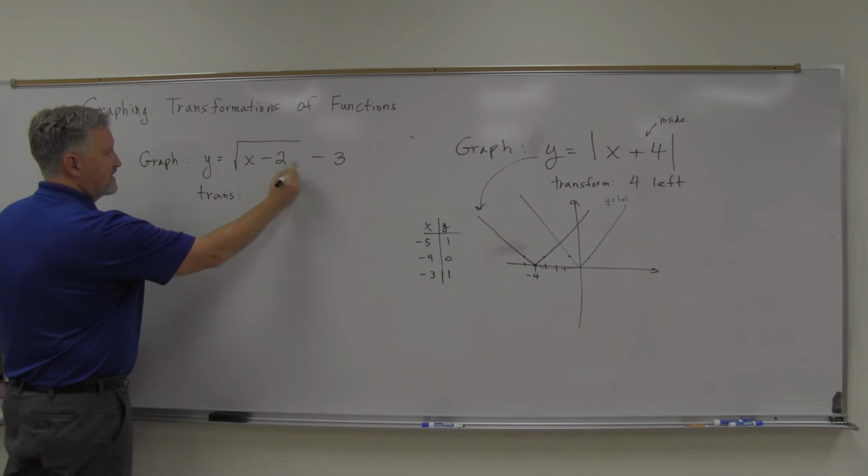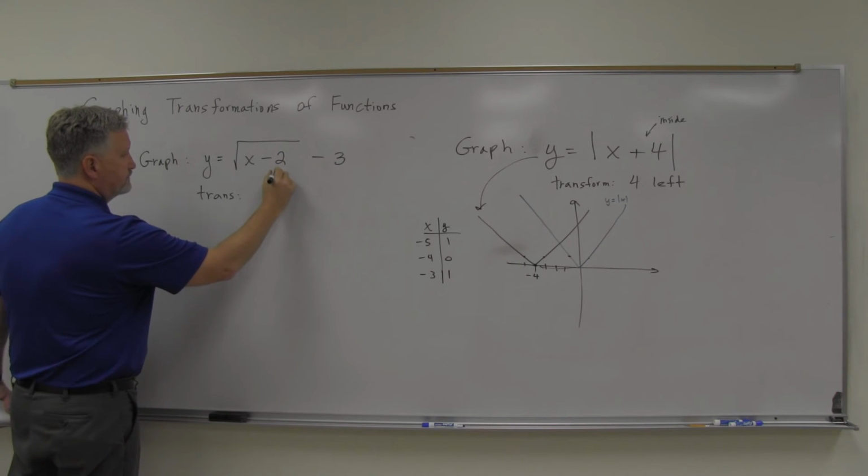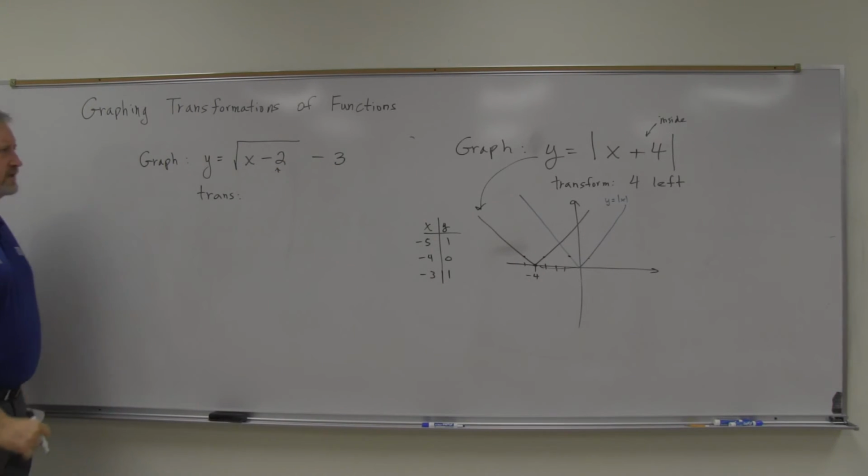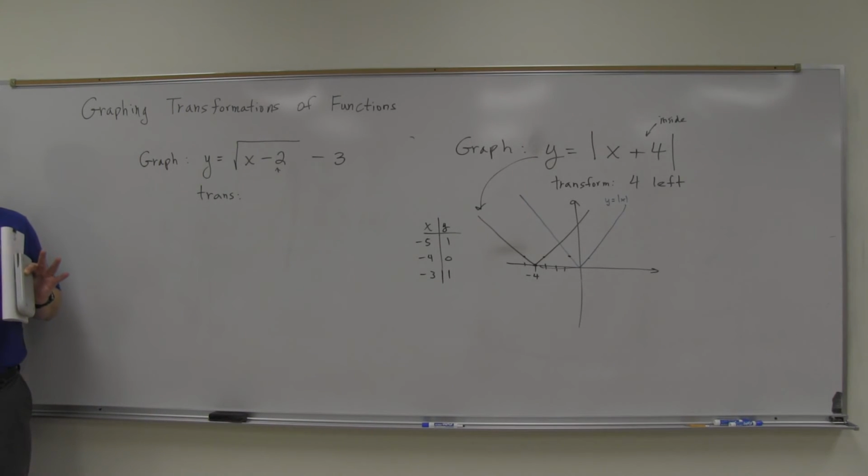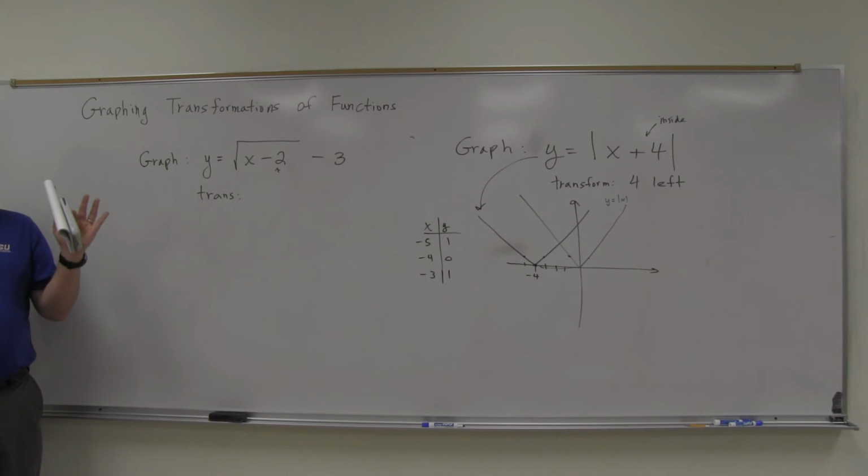Not only do we have an inside, but we got an outside. So thinking about the order here, which one of these would come first, the inside or the outside? The inside, wouldn't it? We do the inside first. It's kind of like a parentheses thing. It's on the inside, so it comes first.